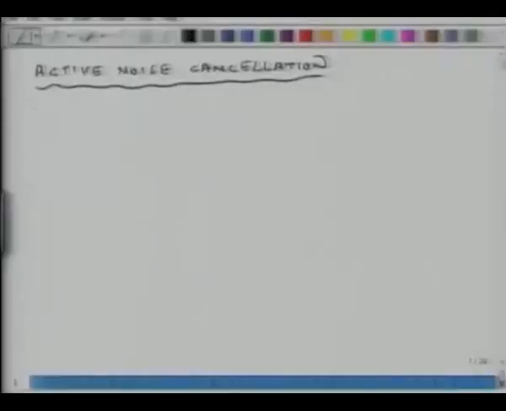So one approach by which noise could be cancelled is what we will show here. Let us call this approach 1.